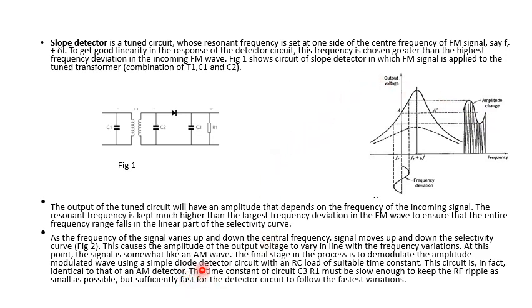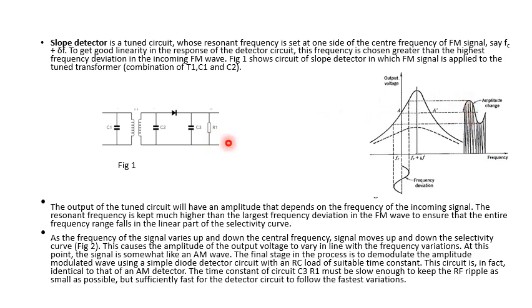Now the only requirement is that the time constant of this circuit, C3R1, must be slow enough to keep the RF ripples as small as possible. That is, it should discharge very slowly in order to smoothen out these fast variations.